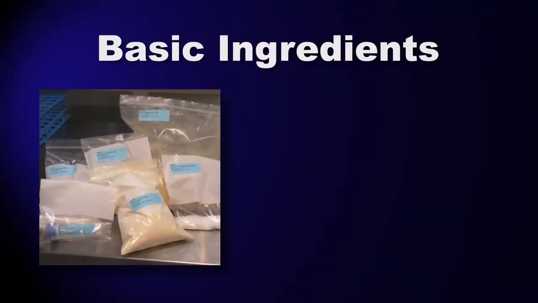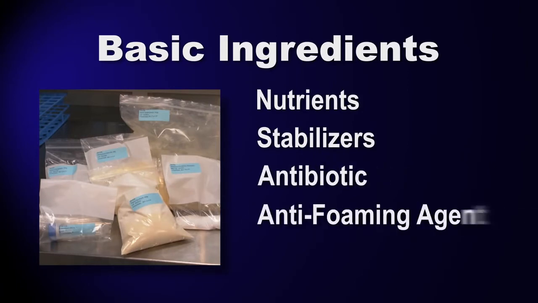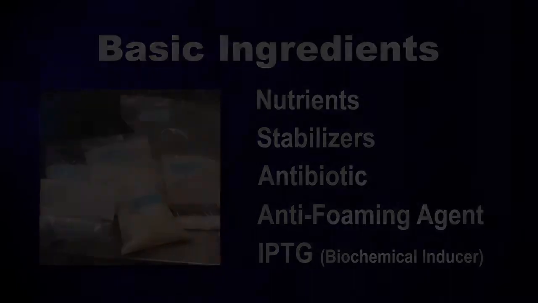The basic ingredients for a compatible media, which include nutrients, stabilizers, an antibiotic, and an anti-foaming agent, and IPTG, which is the biochemical inducer that switches on the GFP gene.